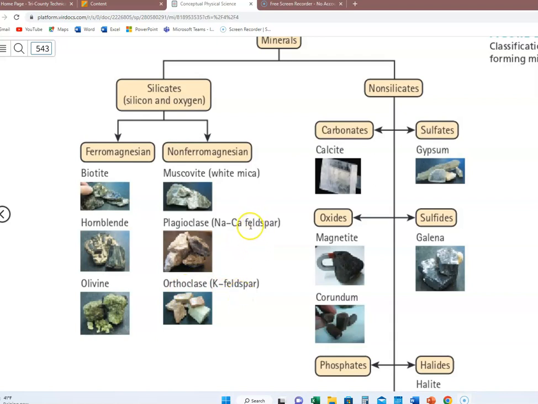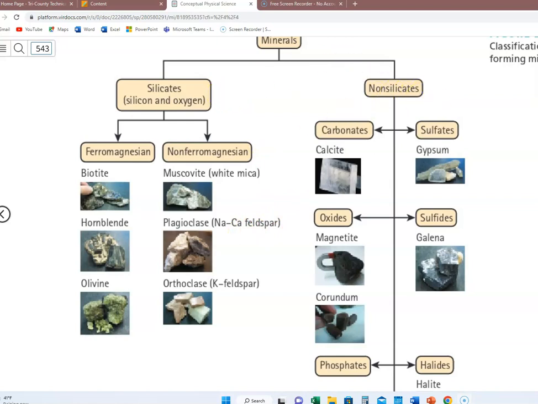Actually, I think it's a little bit more common than quartz. And then orthoclase, that's potassium feldspar. The K is just for potassium. So potassium feldspar, also known as orthoclase, and plagioclase, which is also known as sodium calcium feldspar.